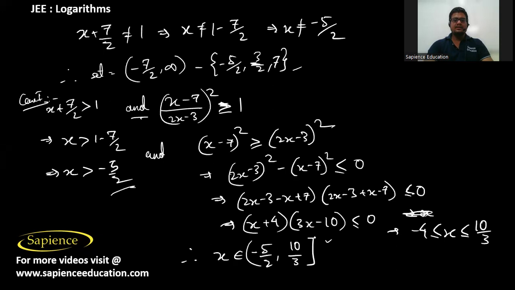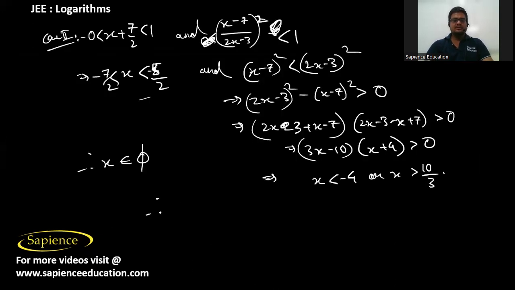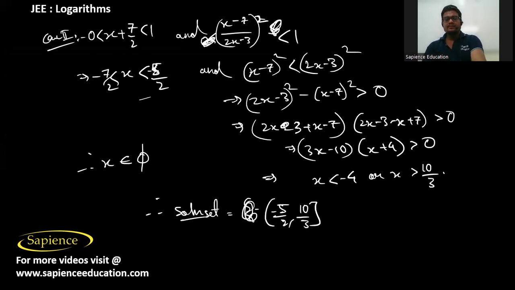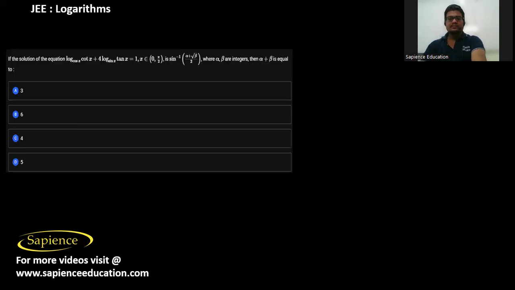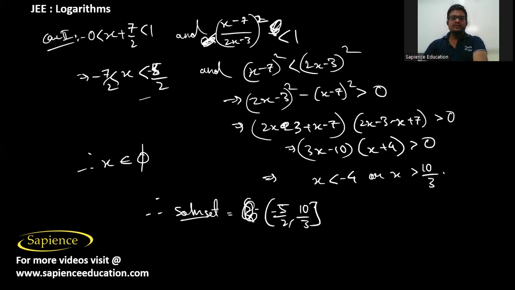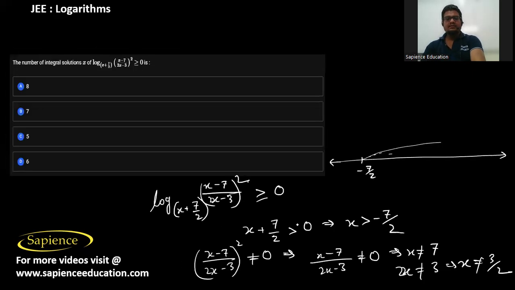So therefore the final solution set will be x belongs to -5/2 to 10/3, excluding 3/2. Excluding the number 3/2.